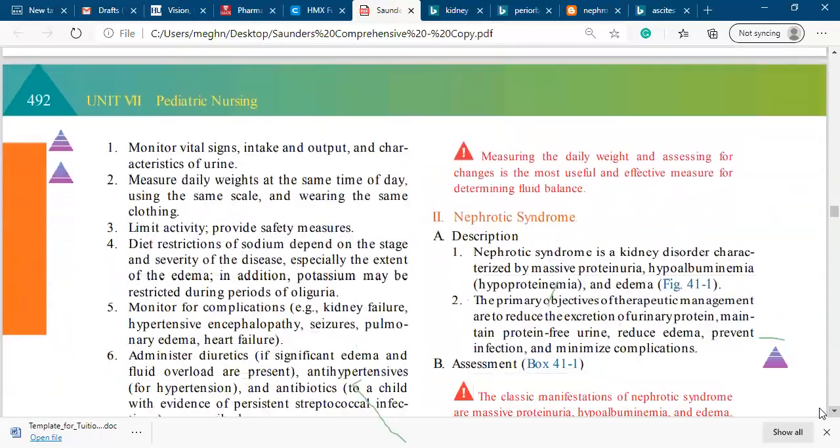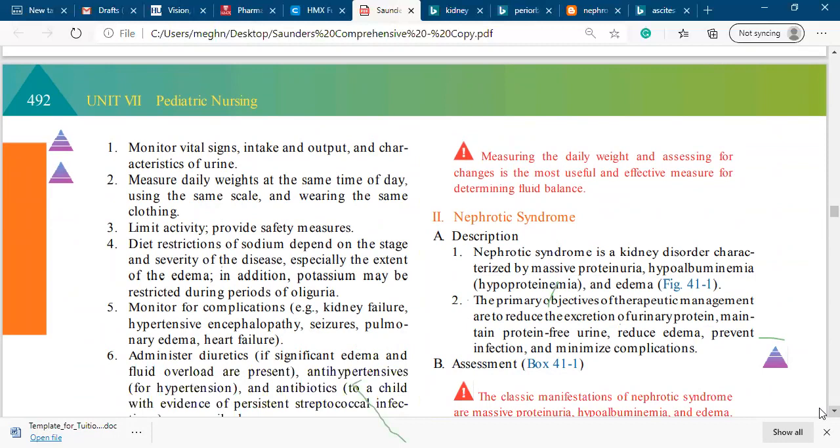So if anybody has a kidney problem, especially a baby with glomerulonephritis or nephrotic syndrome, we say the fluid is accumulated in the body. So for the NCLEX board, this is very important.